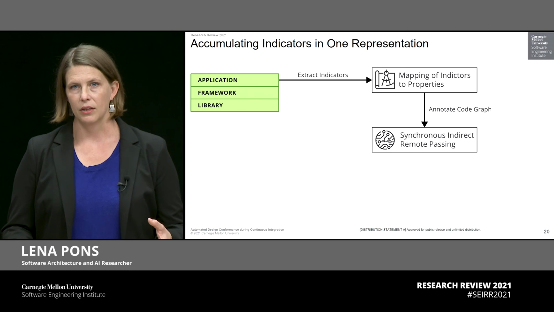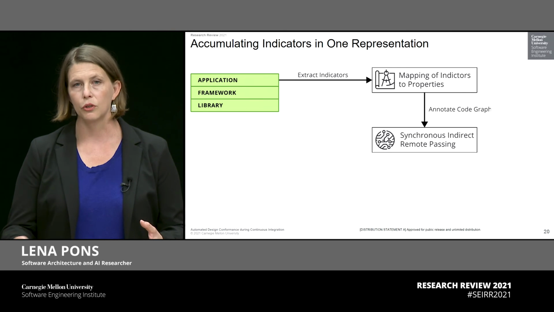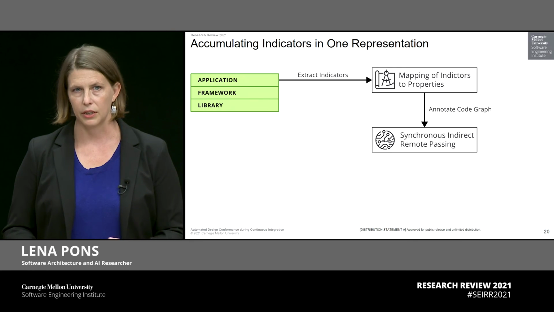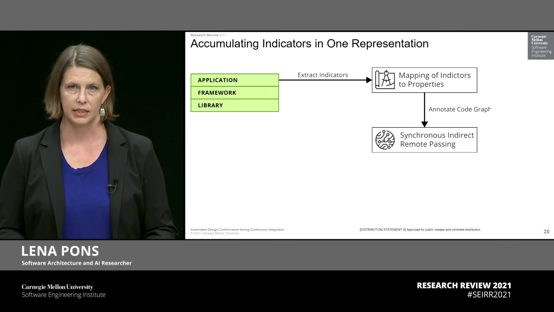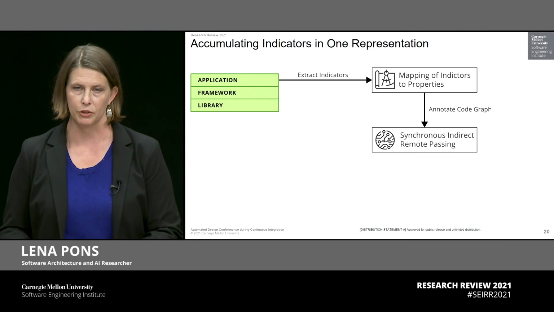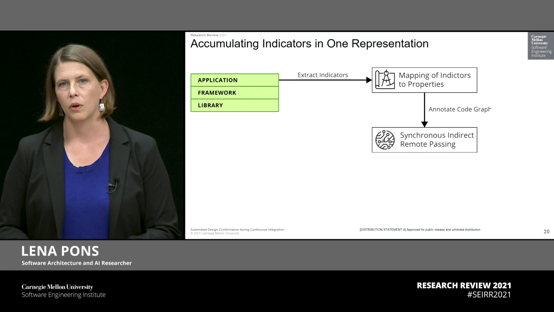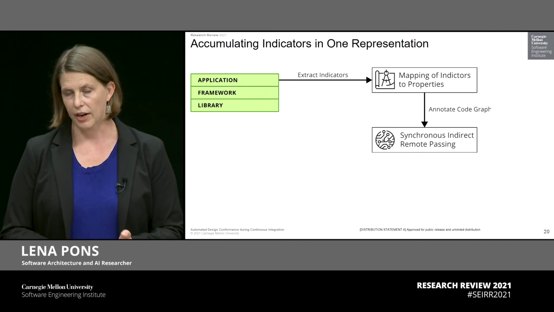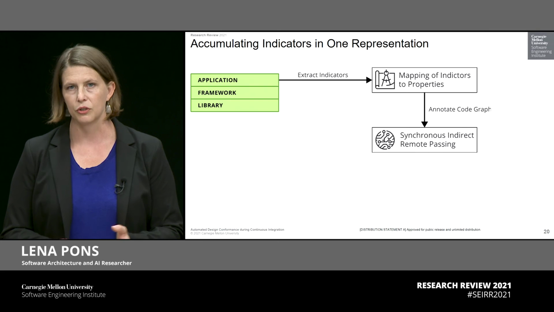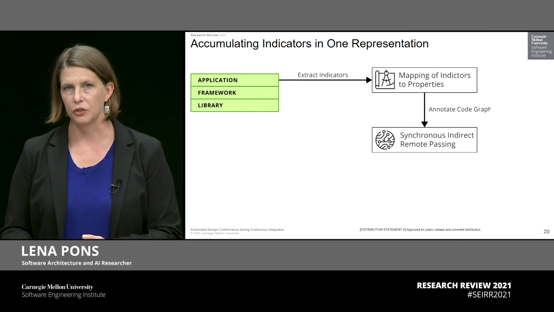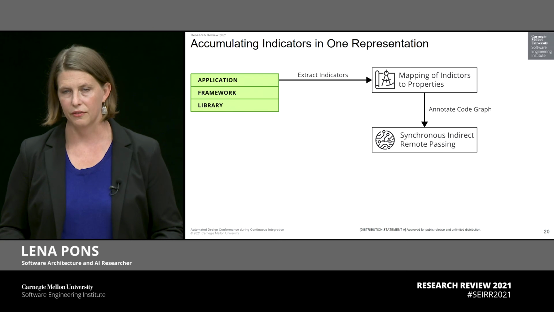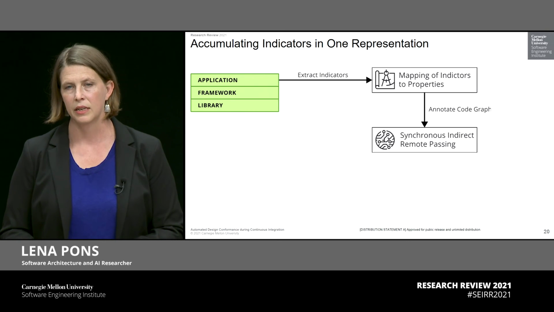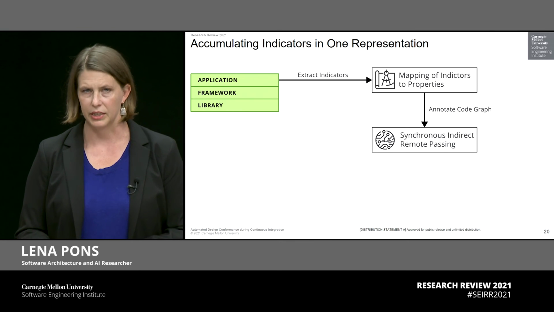Now we need a way to include the properties that are indicative of the styles that we're trying to detect into that common representation. The work that we're doing right now to extract those indicators of properties will be integrated into that single code graph, which will allow us to then detect multiple styles from a single data representation.